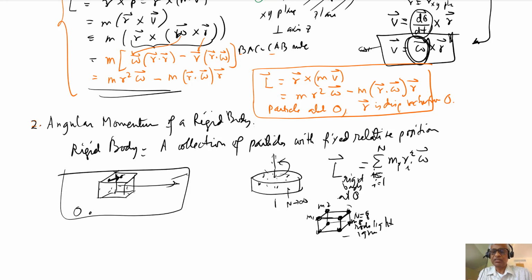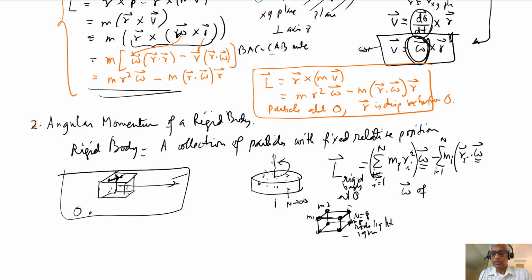So omega is going to be the same for everybody, so I will have this as omega, and then we'll have mi, i equals 1 through n, and this is ri, but omega will be the same. Omega is independent of the particle.